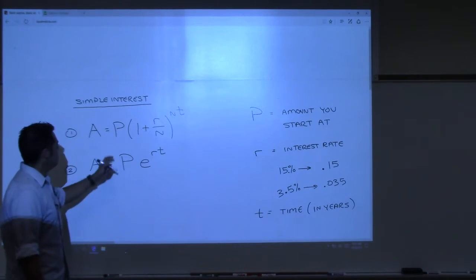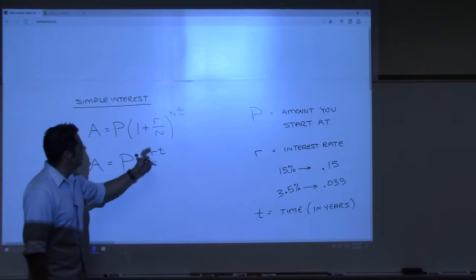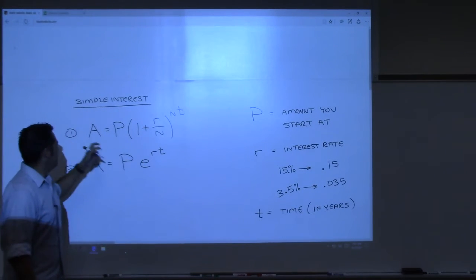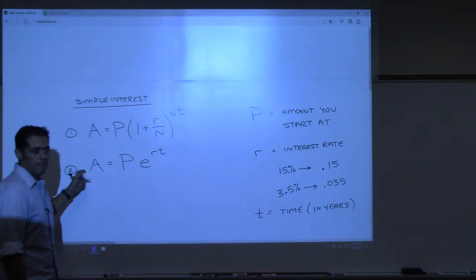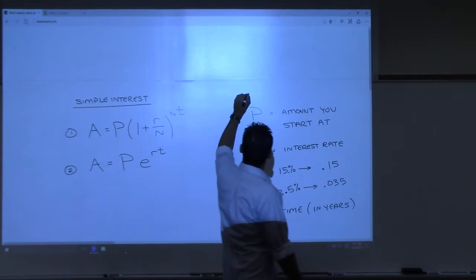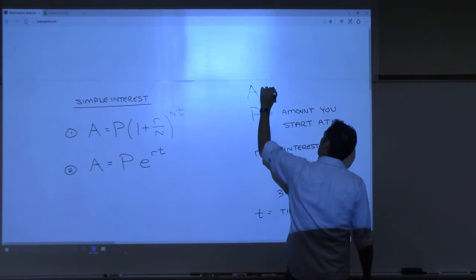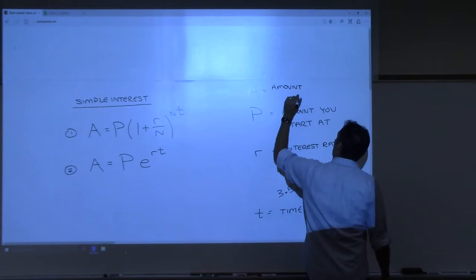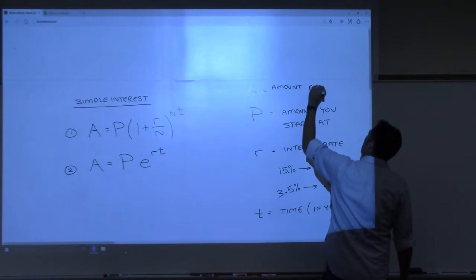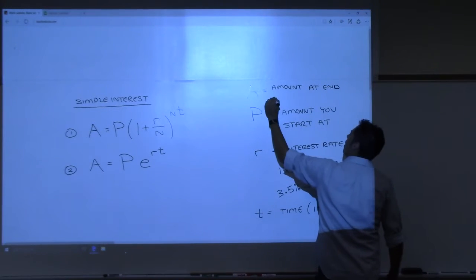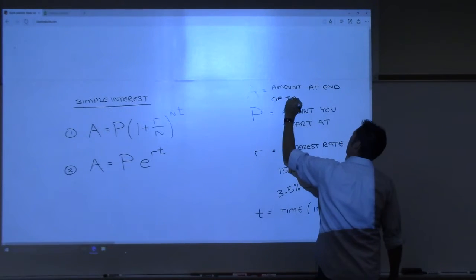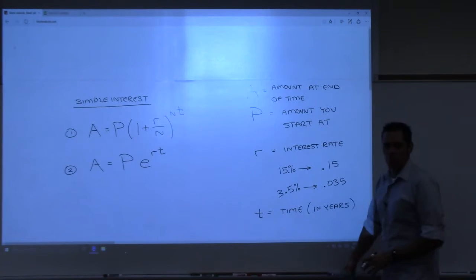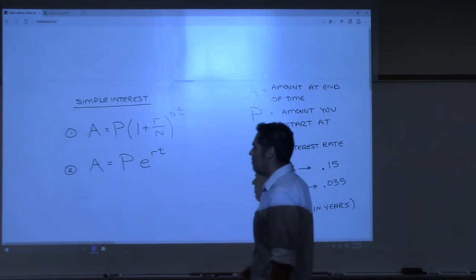All right, so P's in both, R's in both, T is in both. How about A? A is in both, right? So A is the amount at end of time. Not end of time like end of world, end of days. I'm saying end of time, this time right here.